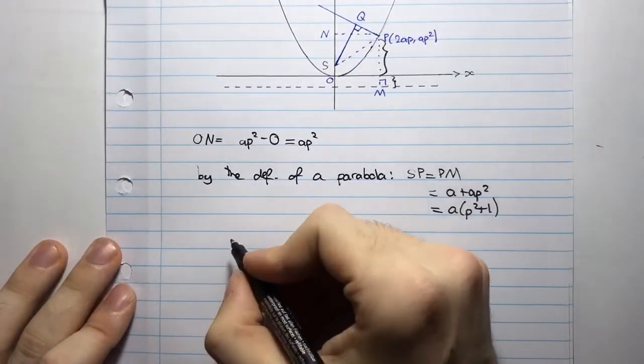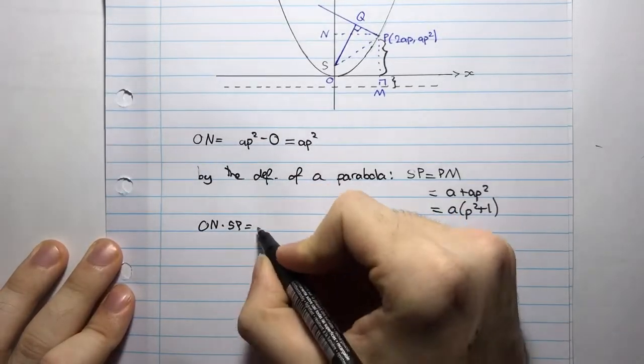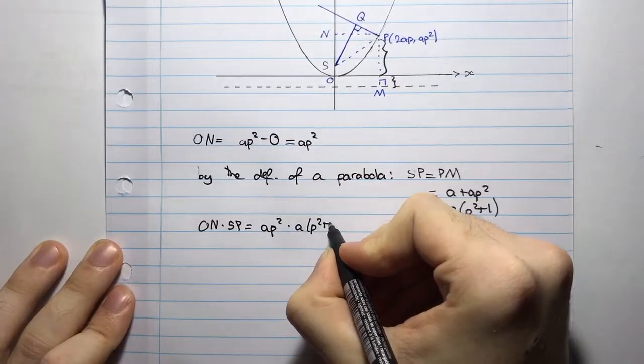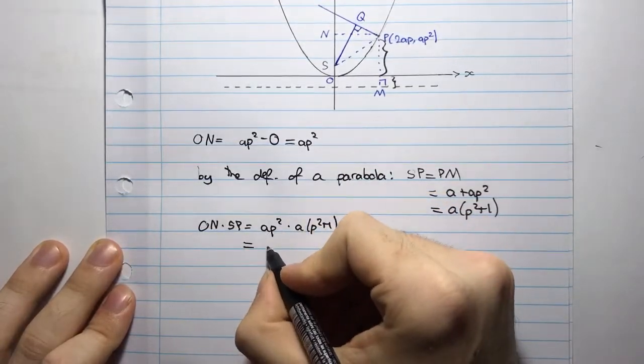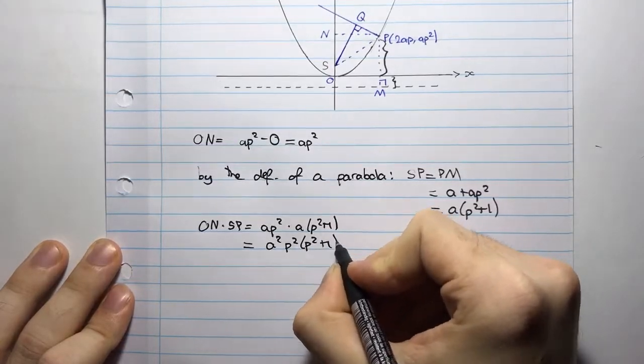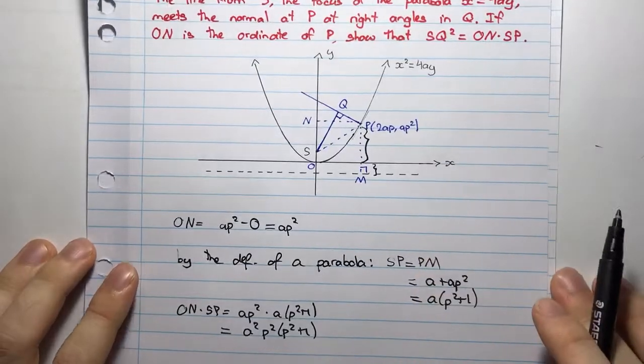Alright, so what do I have? I have ON times SP equals AP squared multiplied by A into P squared plus 1. So that's A squared, P squared into P squared plus 1. And that is my right-hand side of this statement.